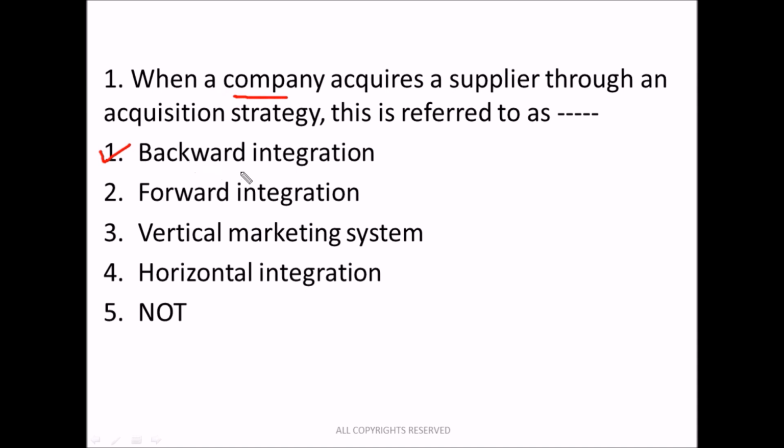But when the company moves backward, when it goes to the supplier side, it supplies raw material to itself, then it is called backward integration or upstream. So I taught you upstream marketing activities are those which are conducted before the manufacturing of the product.